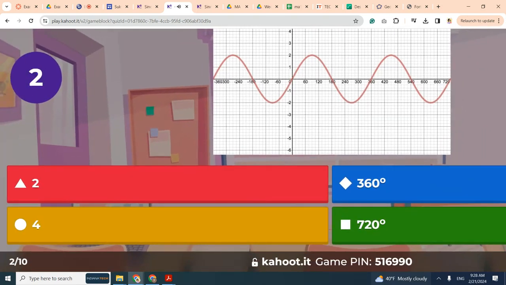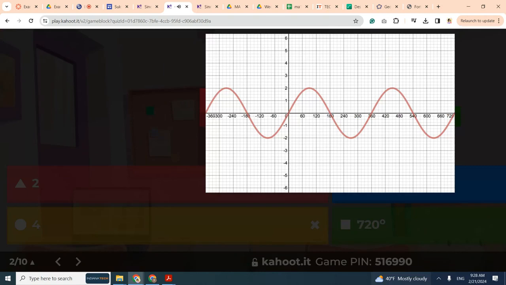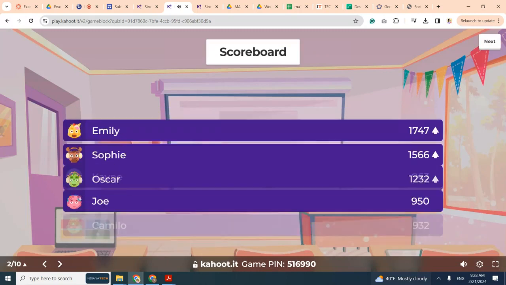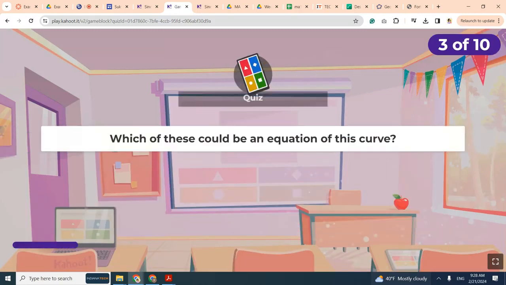Now you can see that? Oh, okay. Sorry, I should make it bigger. So it's here. So 360 degrees. Okay. All right. Yeah, maybe you have trouble reading this. Sorry, my fault. I should make the graph bigger.